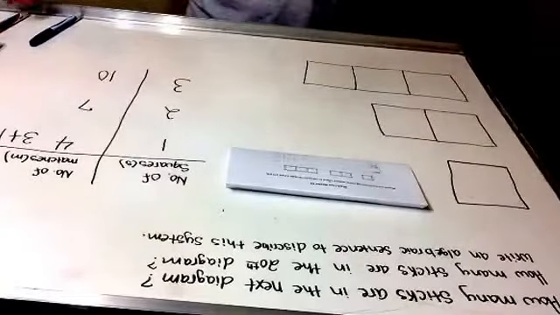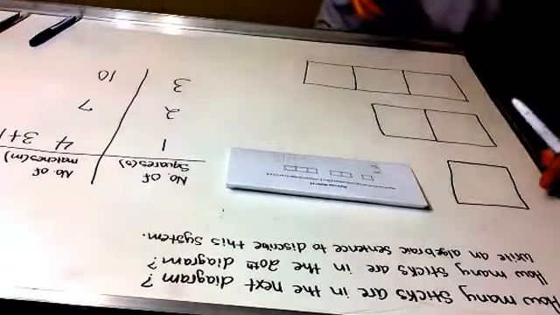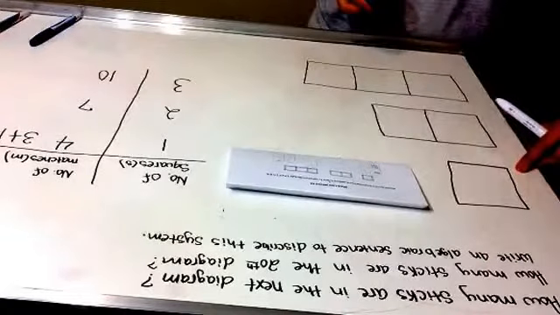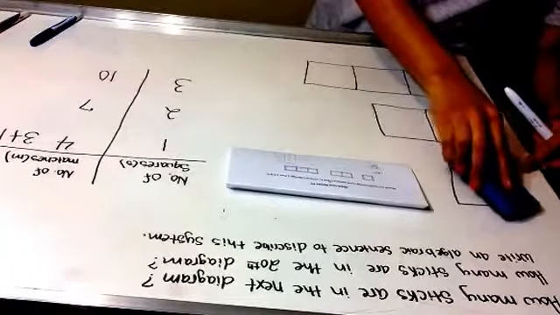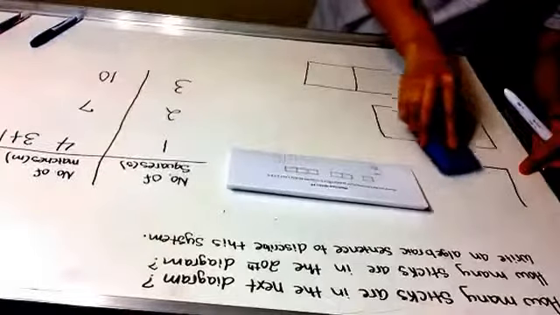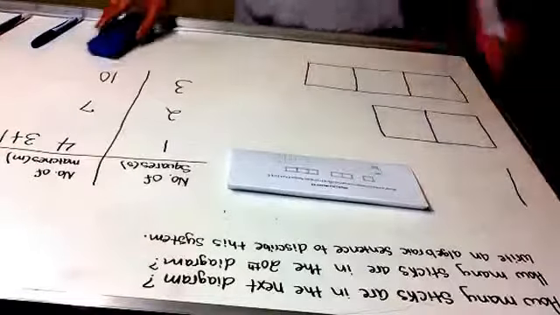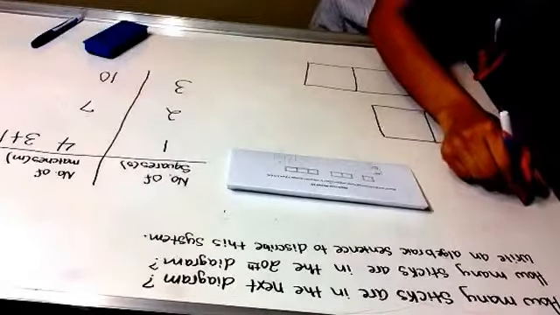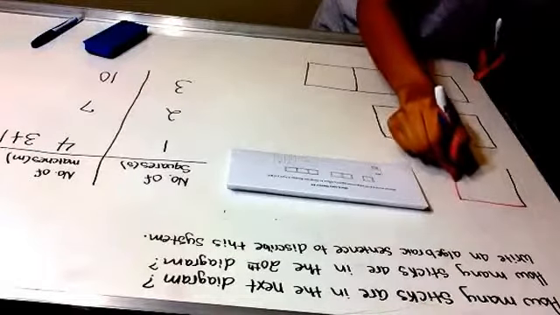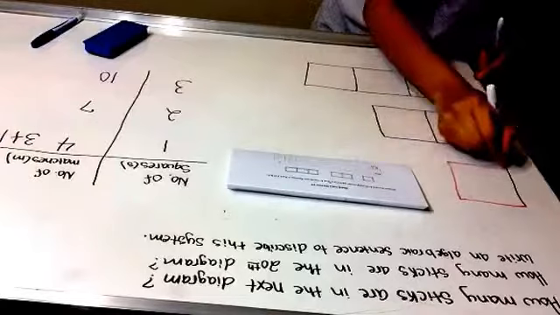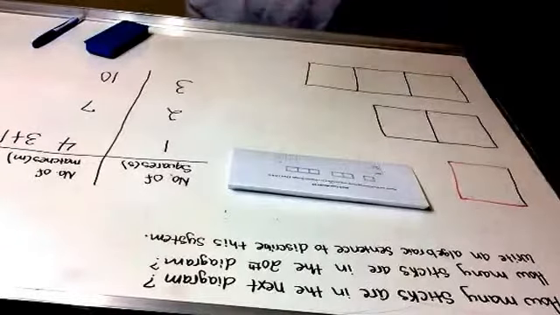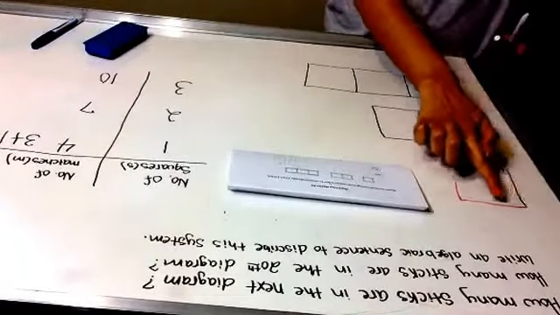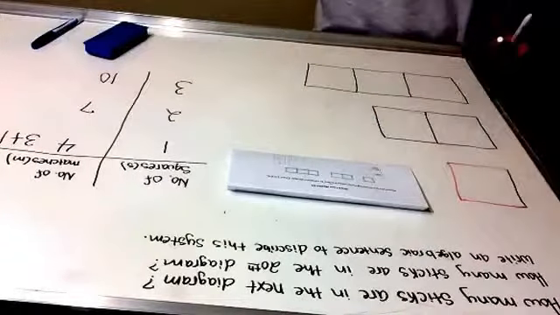You will notice that each square has 1 match and 3 sides or 3 sticks, okay? So 1 match and there are 3 sticks. So this is where the 3 plus 1 comes from. We are always going to have 1 match and 3 sticks.